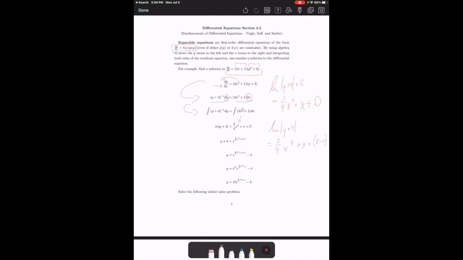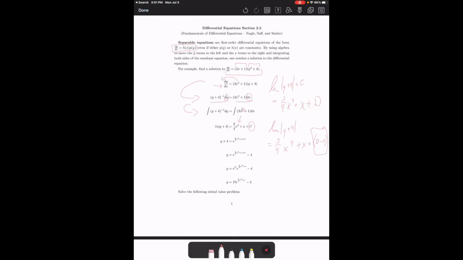Every time we do these separable equations, we're just going to skip this intermediate step and call this c. So when we take the integral of both sides of an equation, we only end up with one constant. We act like we combined both those constants on the right side of the equation.